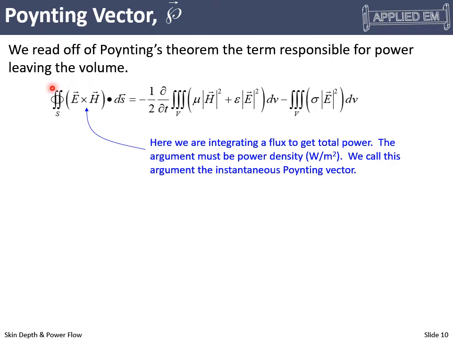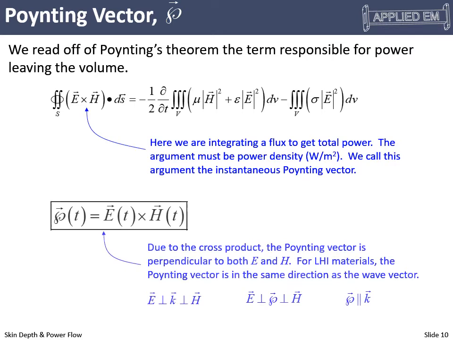And since we're integrating to get total power, the argument on the inside must be a power density. And so in fact, that's how we define this cross product, as a power density with units of watts per meter squared.